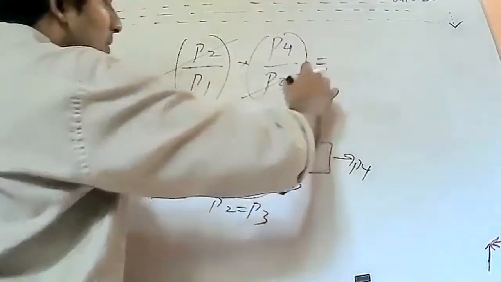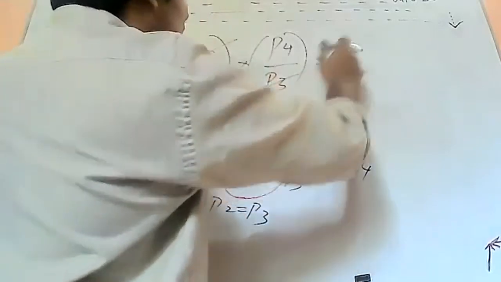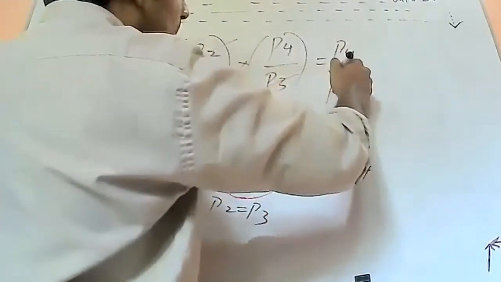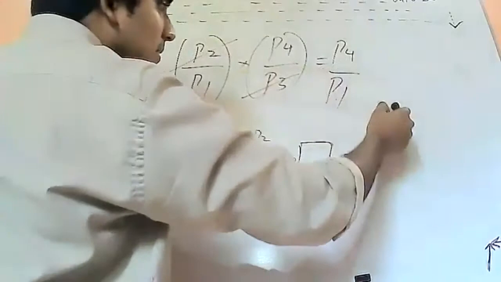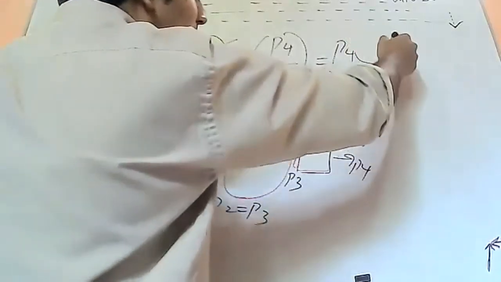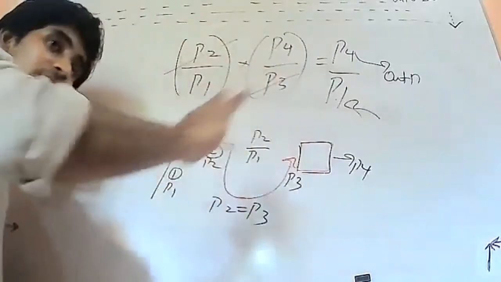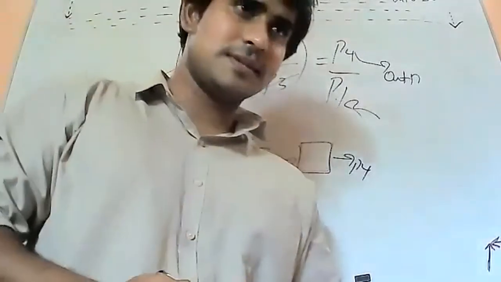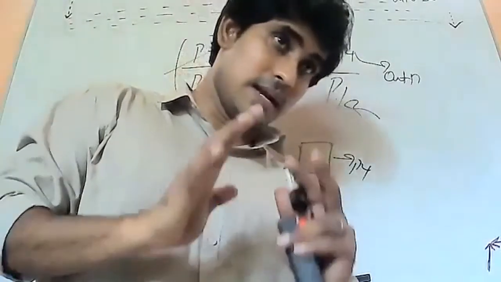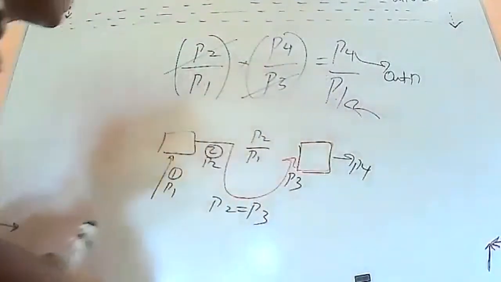So this ultimately equals P4 divided by P1, because P1 is the input pressure and P4 is the output pressure after the overall compression process.